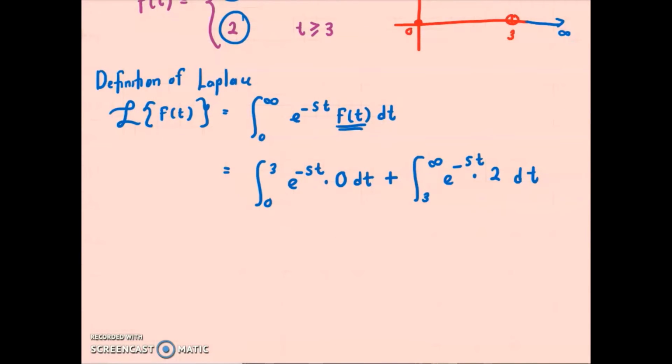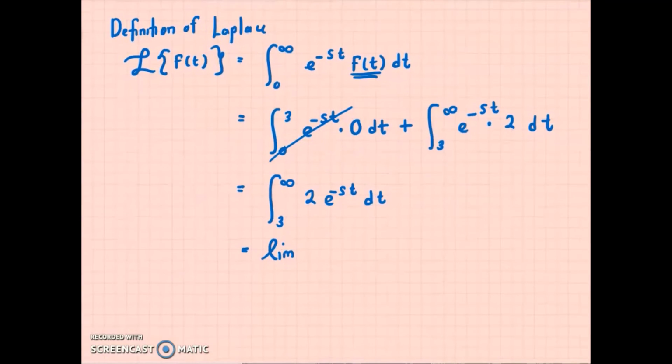Okay, so this is 0 times anything, which is 0, so we don't have to be bothered with this one. So we're just left with this integral here, from 3 to infinity, 2 is a constant, so 2 e^(-st) dt. Okay, now to solve this integral, we apply the limit. This is an improper integral.